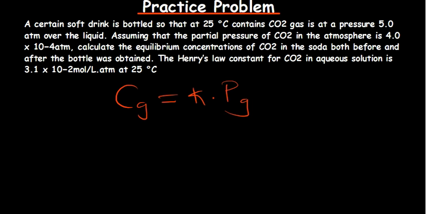Okay, let's look at the questions that we have now. A certain soft drink is bottled so that at 25 degrees Celsius, it contains carbon dioxide at a pressure of 5 atm over the liquid.